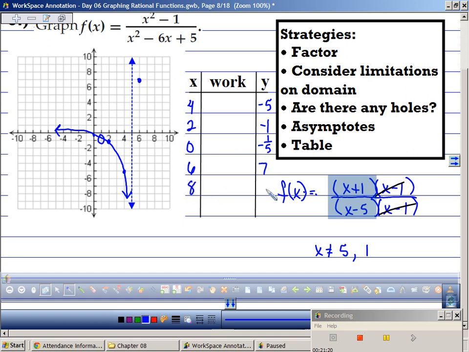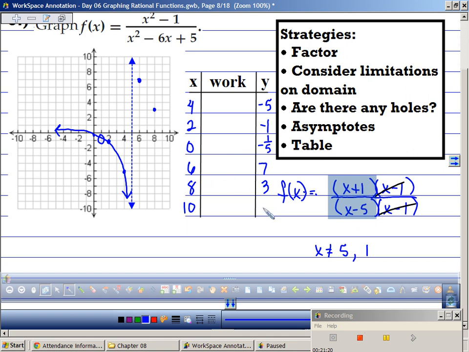8, what do you get? 8, you get 3. So what's happening now? Somebody put in 10, what do you get? 10 plus 1 is 11. 10 minus 5 is 5.